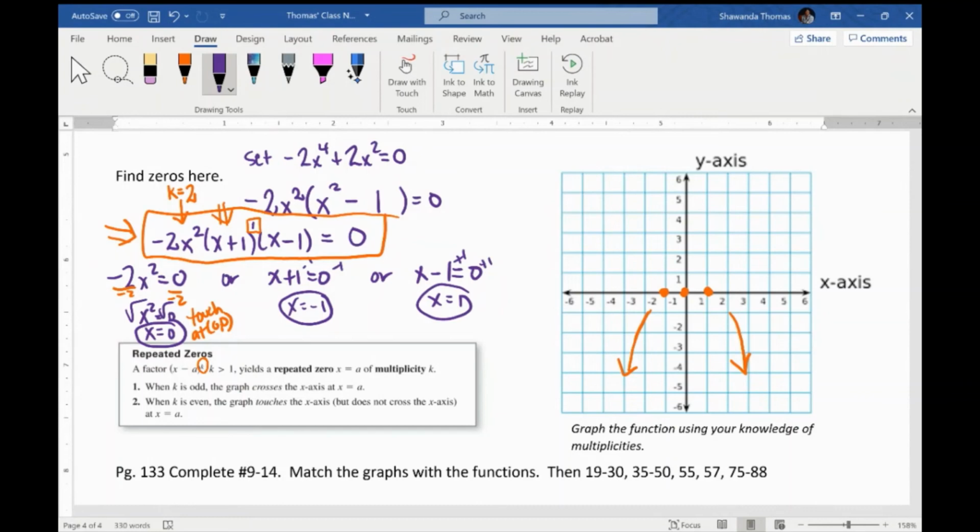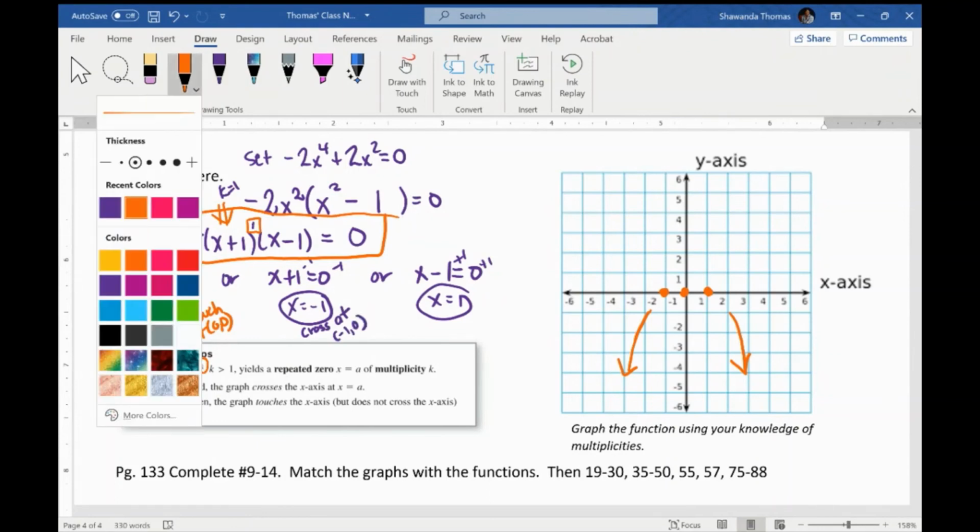Odd, right? k equals 1, and 1 is an odd number. So therefore, the graph is going to cross the x-axis at x equals -1. For this one, it's going to cross at -1, 0.